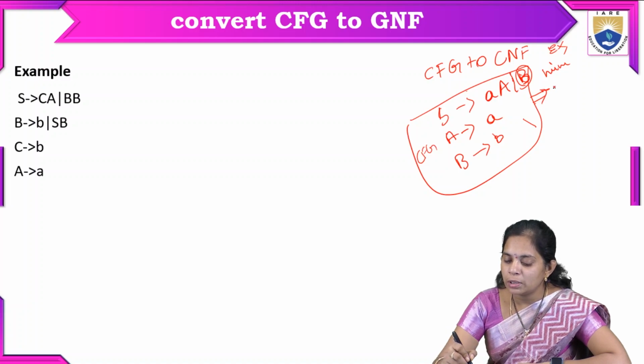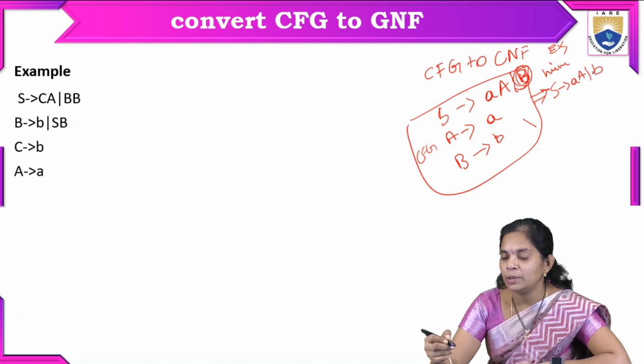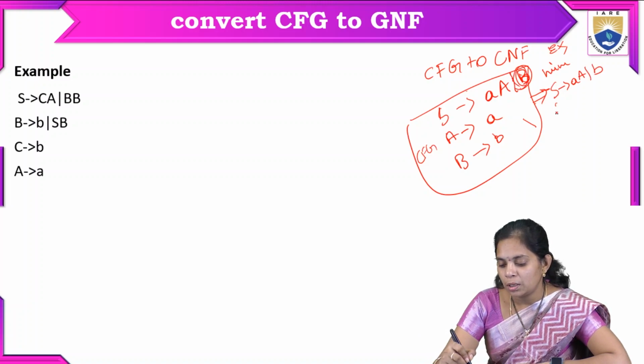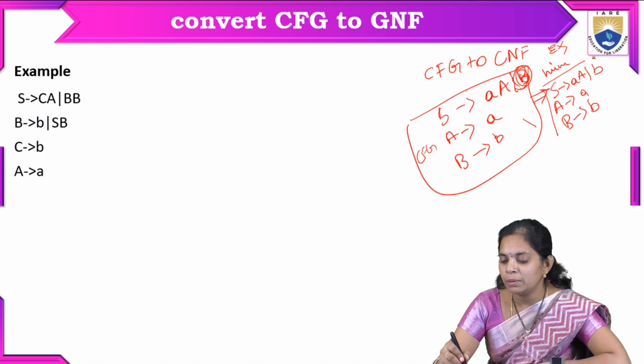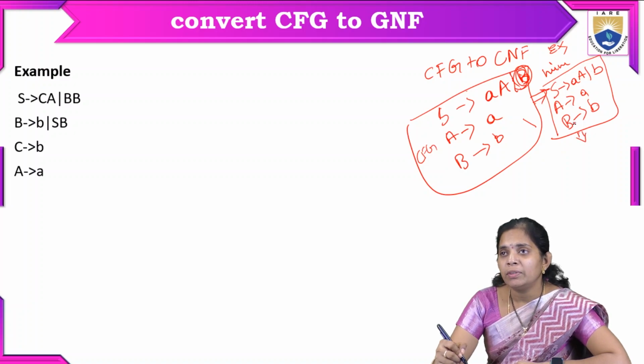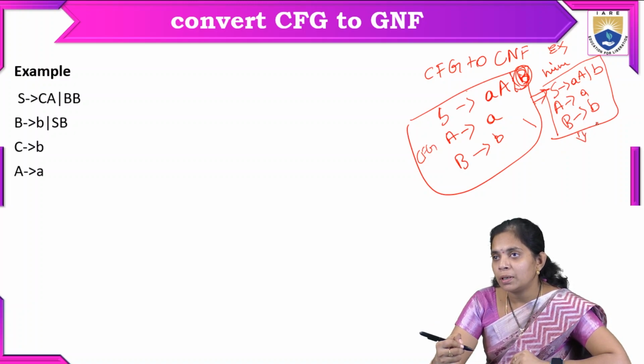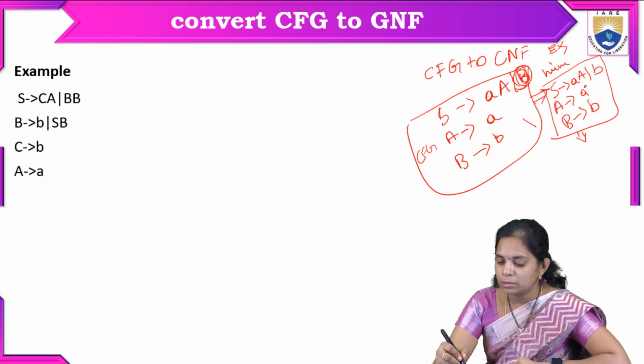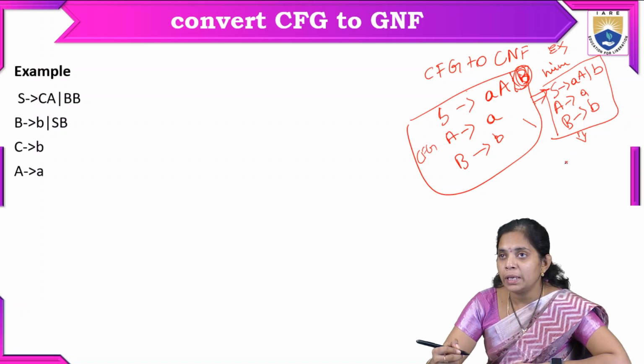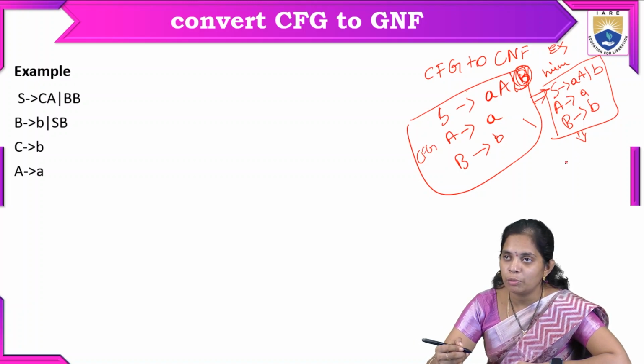How will we remove this unit production? A and B we are going to substitute with the value. After seeing this, we have the grammar with the minimization. Then we will convert it to the grammar called CNF, Chomsky normal form.